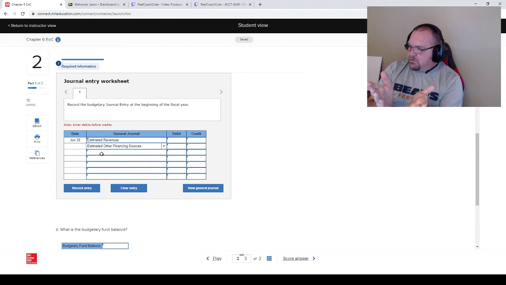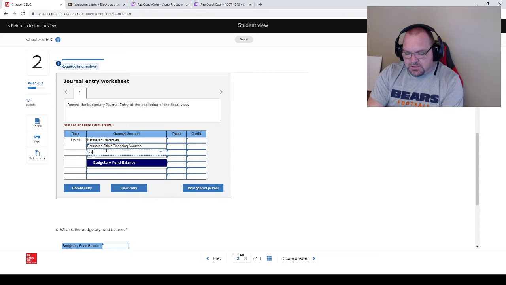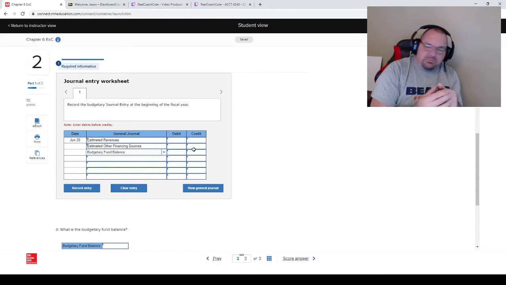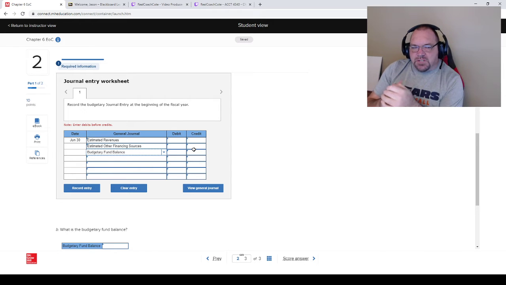So we have to debit those in, right? Because when we do a budget, you do the opposite. And now here comes the double stuff of the Oreo in the middle. We're going to put our budgetary fund balance in. Obviously, it's probably going to be a credit. Typically, you're not allowed to budget for a loss, but if you were to, then it would be a debit.